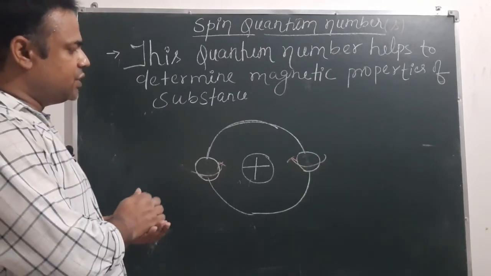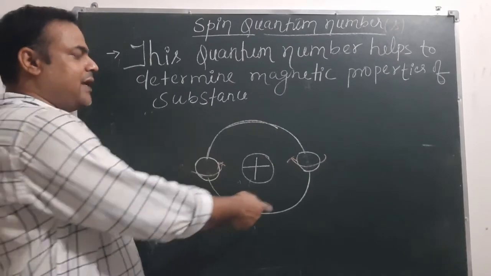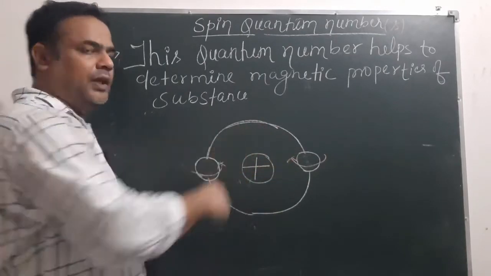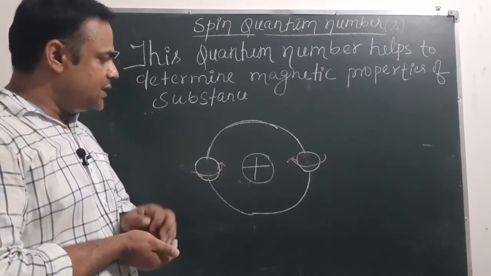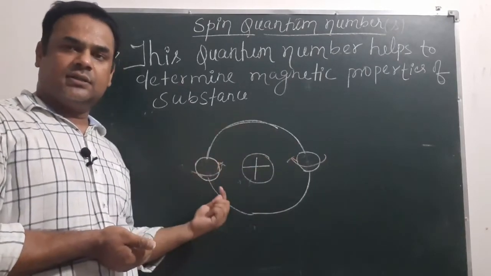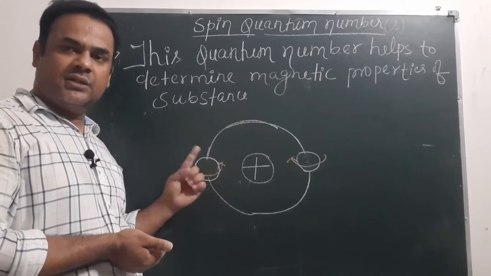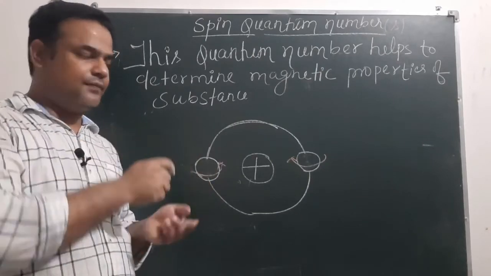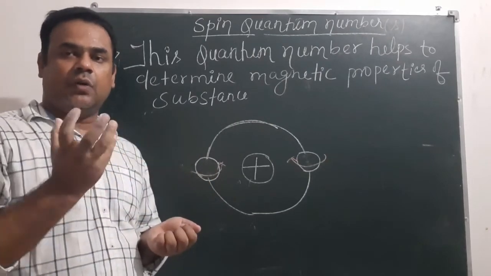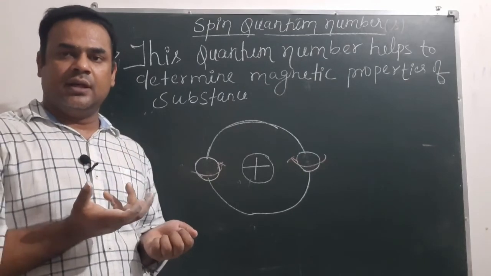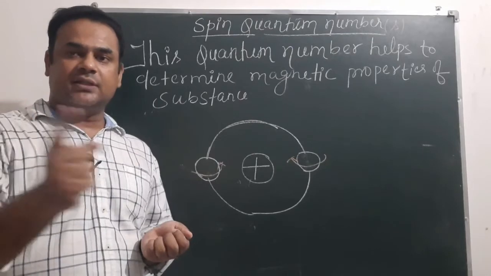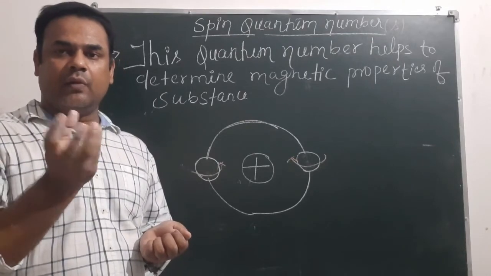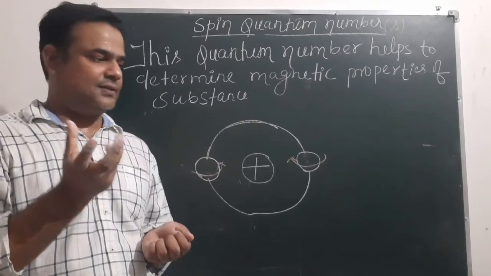So how to determine spin quantum number? Whenever an electron revolves around the nucleus, it has two kinds of spin. One spin is around the nucleus and one spin is about its own axis, like Earth is revolving around the sun. So Earth has two types of spin, one about the sun and another about its own axis.